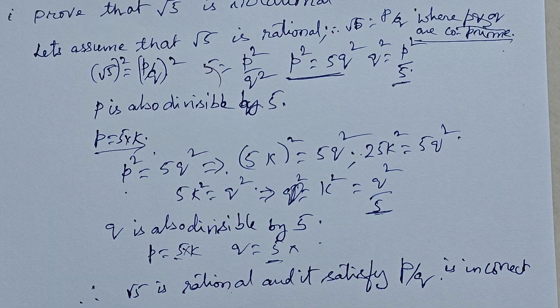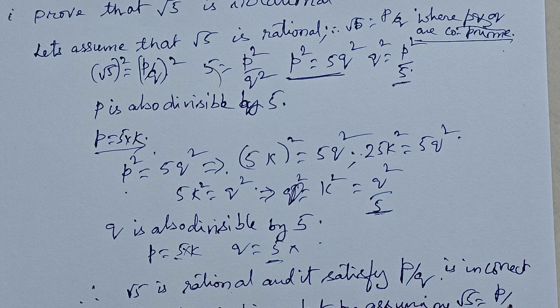Since p and q are co-prime, but by assuming root 5 is equal to p by q, rational, we got p and q as not co-prime.